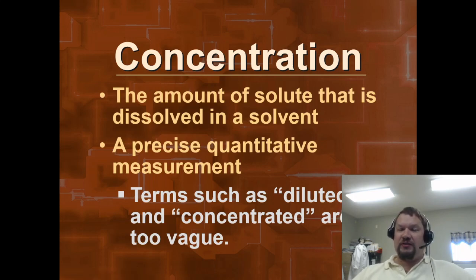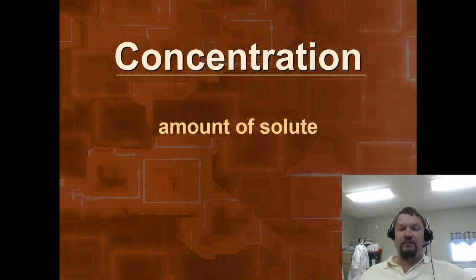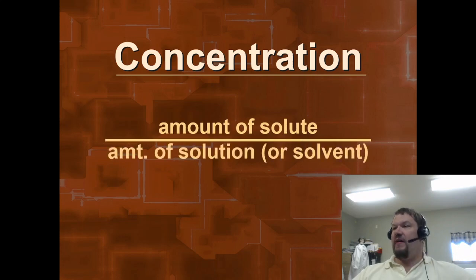Any of the measures of concentration that we're going to discuss are going to follow this general form. Concentration is equal to the amount of solute divided by the amount of solution or the amount of solvent. That's the general form we're going to be using for all of the different kinds of concentration.